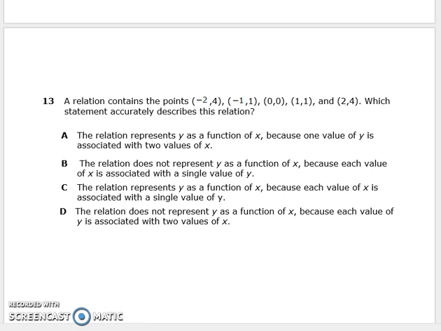B. The relationship does not represent y as a function of x because each value of x is associated with a single value of y. C. The relationship represents y as a function of x because each value of x is associated with a single value of y. D. The relationship does not represent y as a function of x because each value of y is associated with two values of x.